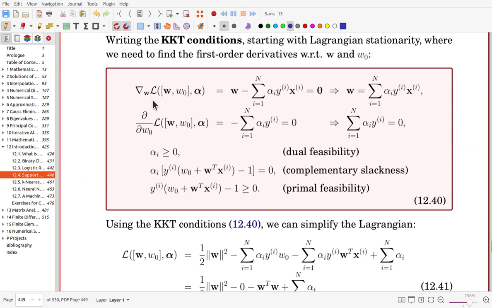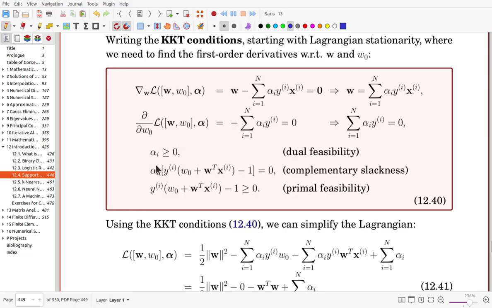Okay, the W derivative, the gradient, can be found in this way, must be 0, which implies W is this one. So we can find the relation between W and X. In fact, W and alpha, the Lagrange multipliers, and also the W0 derivative becomes this one, equals 0, so we reach this equation.